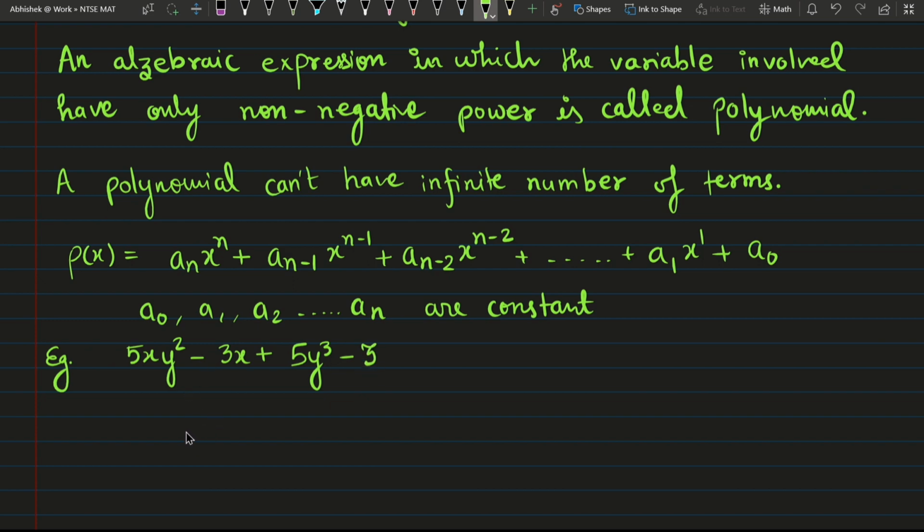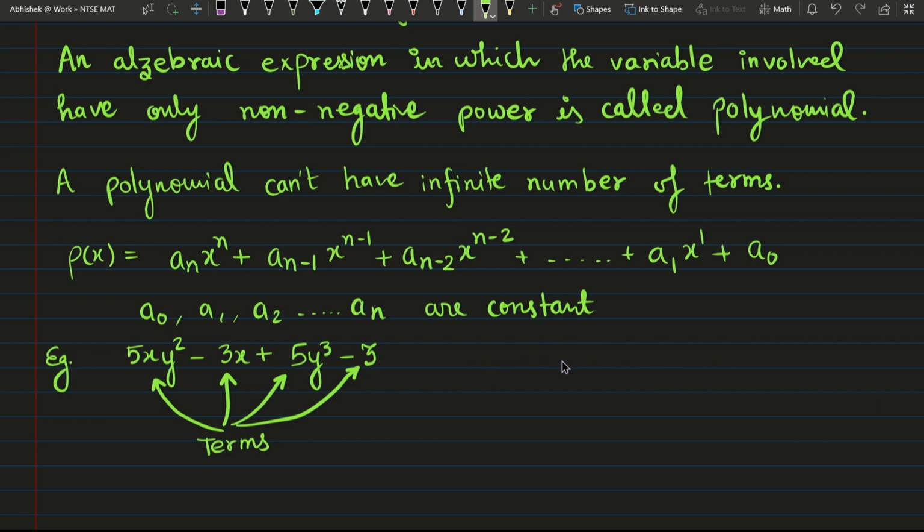If you count the number of terms in this entire polynomial, there are a total of 4 terms. First one is this one, this is the second one, this is the third one, and this is the fourth. Okay.